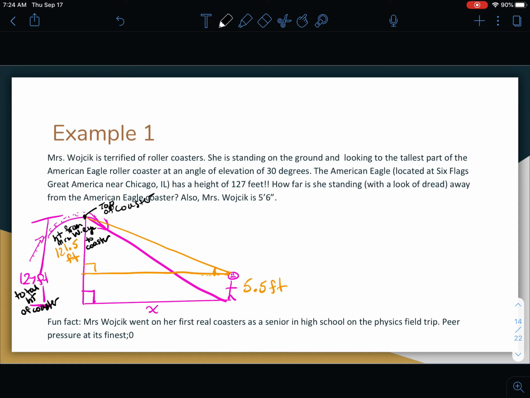I'm kind of writing all over my triangle. Okay, this is me. And X is going to be the distance from the base of highest point.